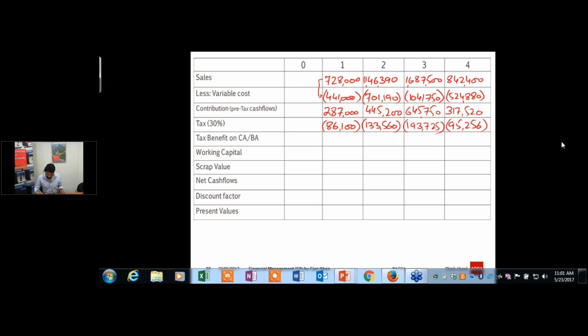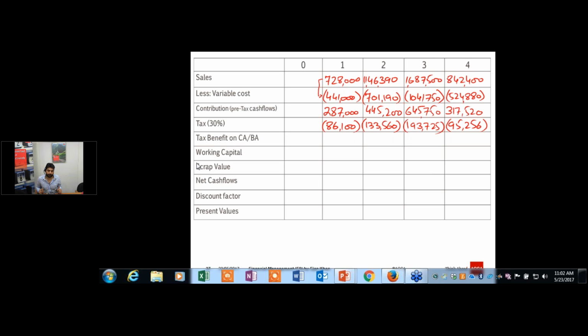Okay, what is this tax benefit? Since we have purchased the asset, we will have two types of depreciation. One is the accounting depreciation that we record in our books, and the other is the depreciation that will be allowed by the tax authorities when they will be calculating our tax.